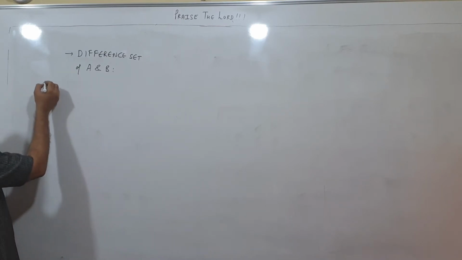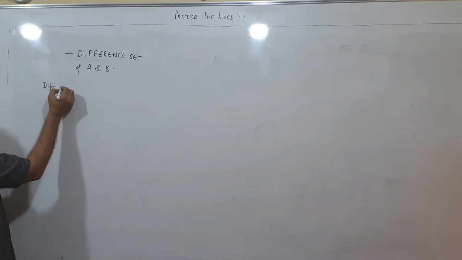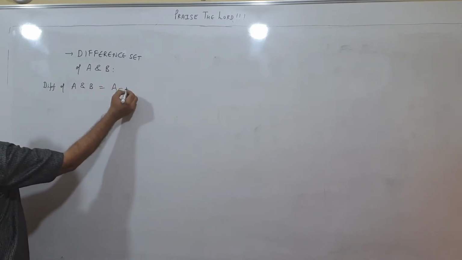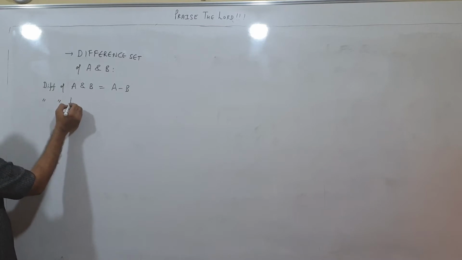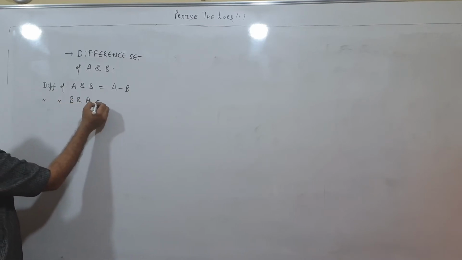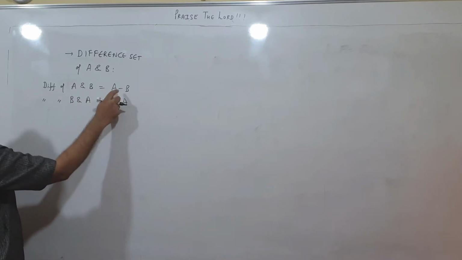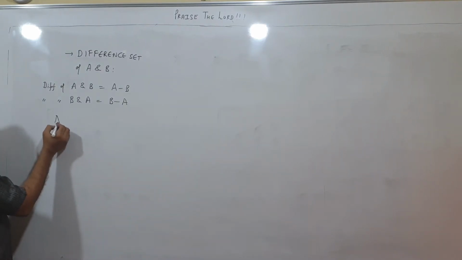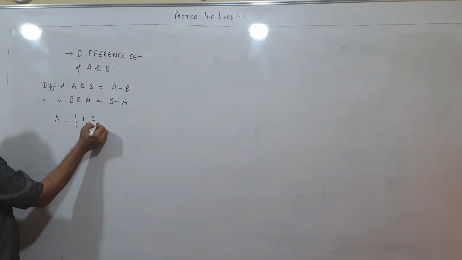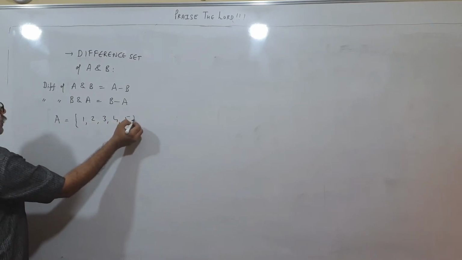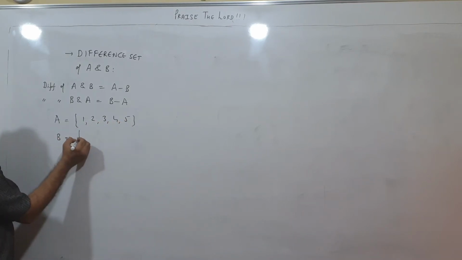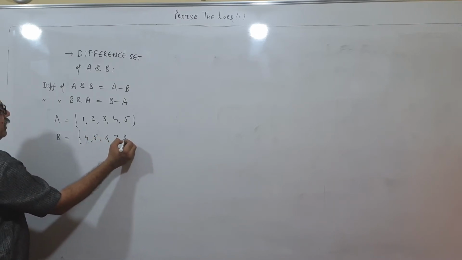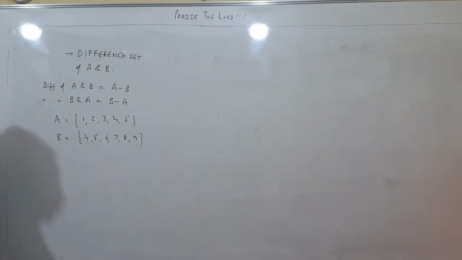So the difference of A and B, now please understand, the difference of A and B will be A minus B. The difference of B and A will be B minus A. They won't be the same. So children, please first understand, if A is the set 1, 2, 3, 4, 5 and B is the set 4, 5, 6, 7, 8, 9.